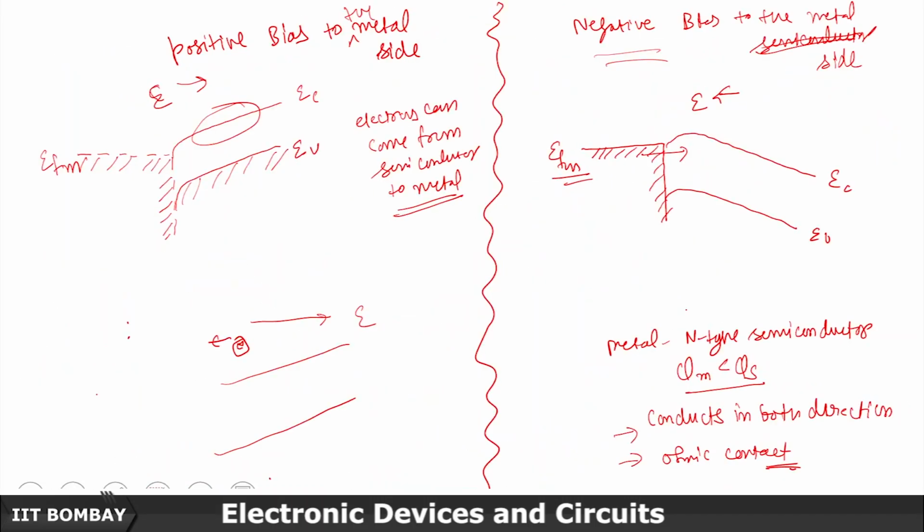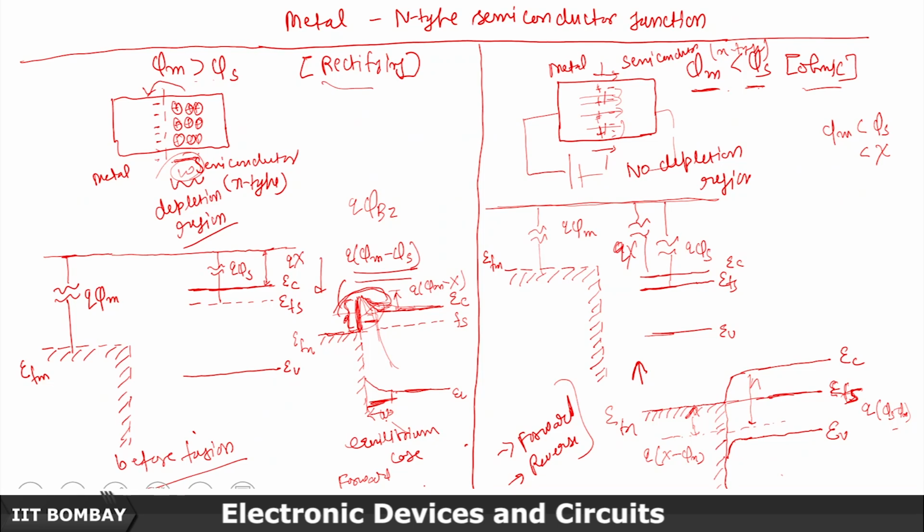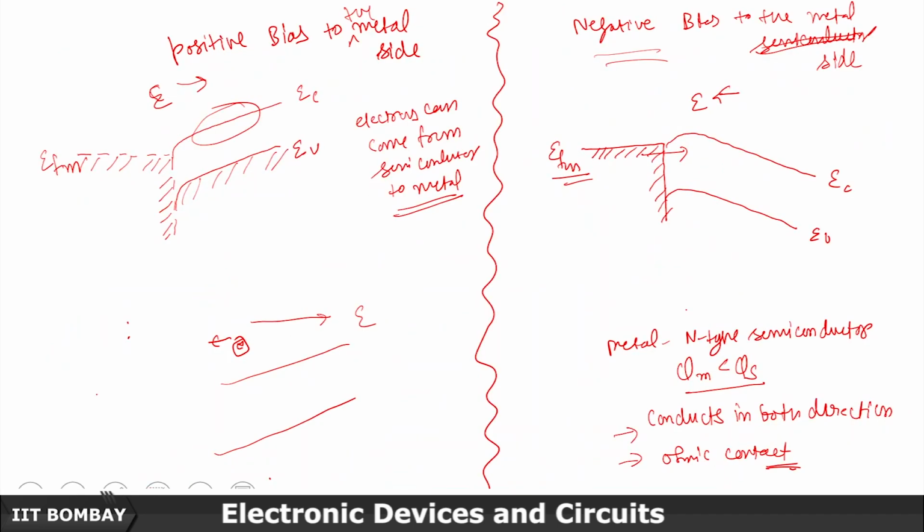So we'll talk about that. But before we do so, let's talk more about this case, about these band diagrams, what is happening in both the cases. Let's see it from the perspective of the electrons, how things are happening, why it is so easy to have current in this case in both the directions, and why it is not possible in that case.